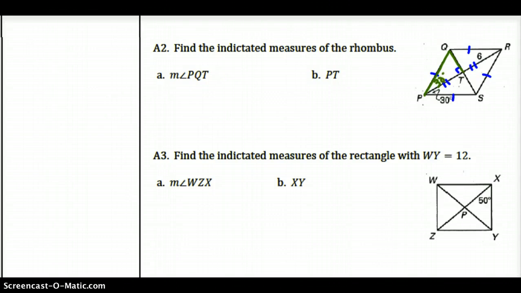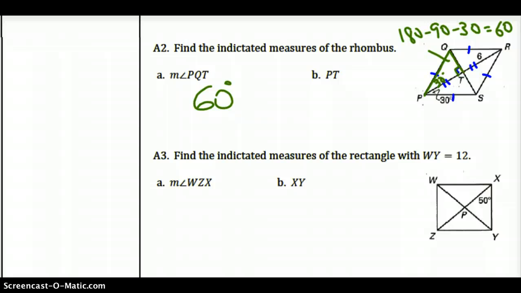This is 30 degrees, 90 degrees, and that's going to leave this angle to be 180 minus the 90 minus the 30. So that will give me 60 degrees. The second question is asking what is the length of PT? PT is right here. It's going to be the same as that. So that is 6 units long. So we used a couple of the properties with rhombuses.